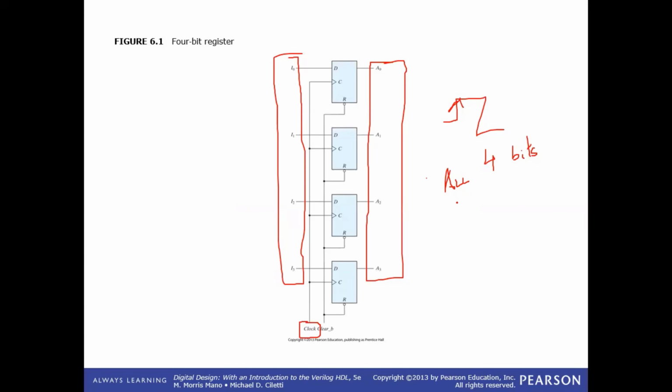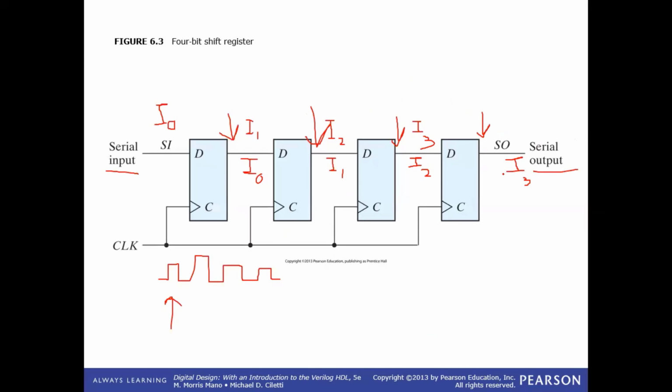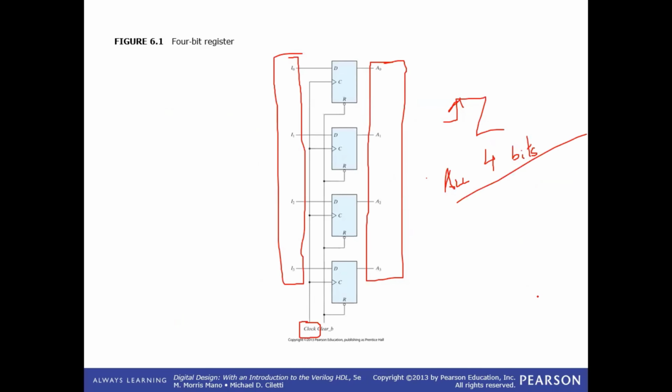Whereas in this case, the output is only having each bit one by one. For the first positive edge, we'll have I3. For the second positive edge, we'll have I2. For the third, I1. And for the fourth positive edge, we'll have I0 over here. So in 4 clock cycles, we would be receiving the 4 bits, whereas in 1 clock cycle, we would be receiving the 4 bits over here.